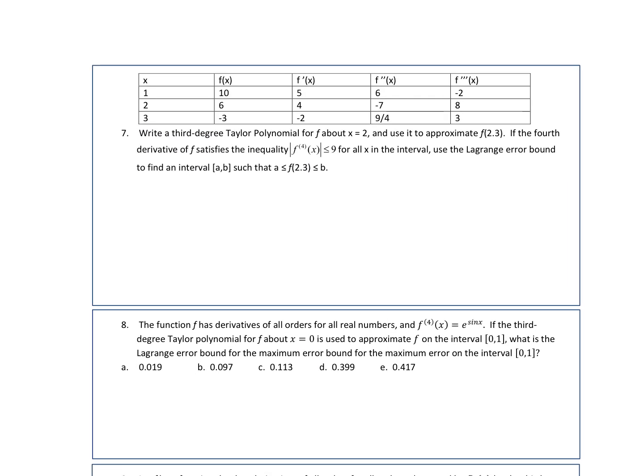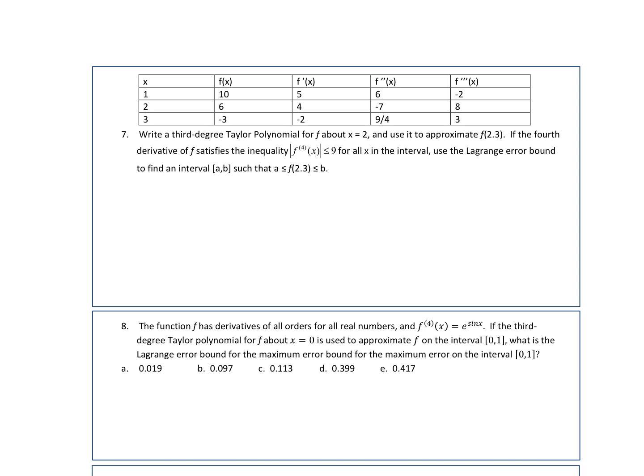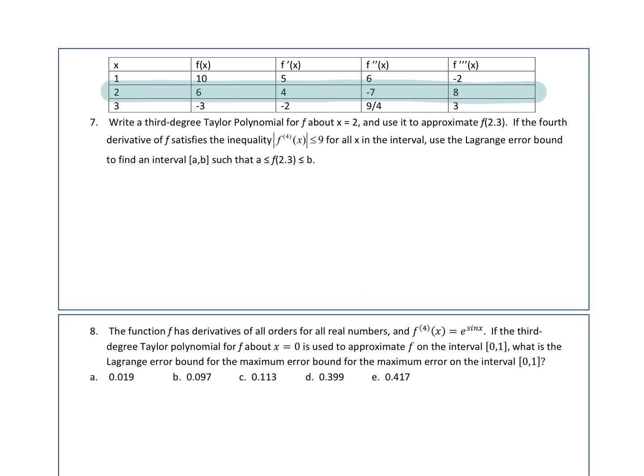All right, for number 7, write a 3rd degree Taylor polynomial centered at 2. So let's go ahead and start with that. We start with first the function, so P3 of x. We start with 6, and then the 4 is the coefficient.